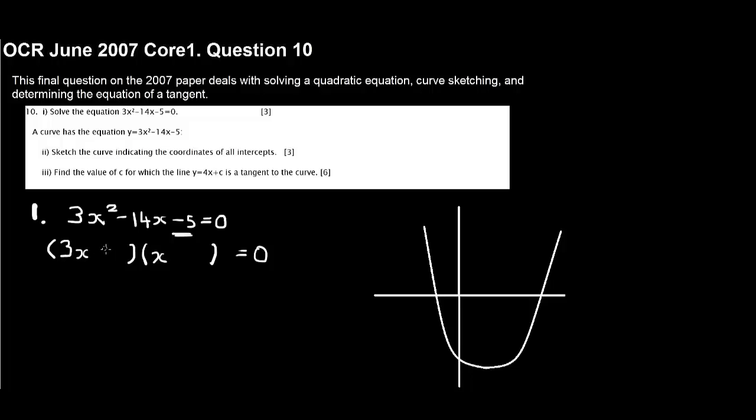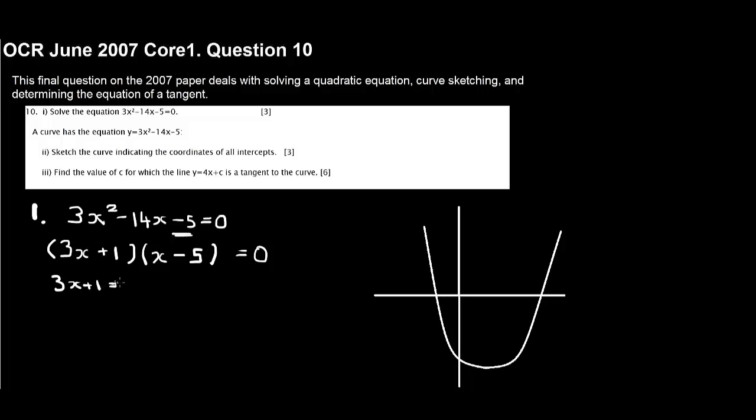A little bit of fiddling, a little bit of trial and error will give us 3x plus 1 multiplied by x minus 5. Just check that out. 3x times x, 3x squared, minus 14x minus 5 equals 0. Yes, wonderful, it works.